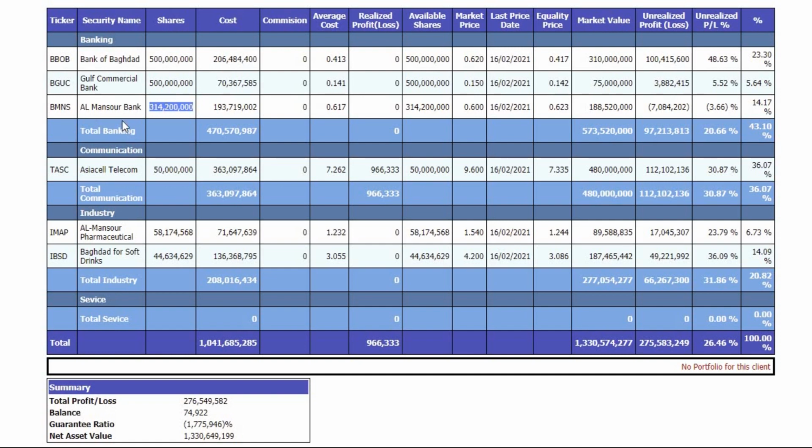Anyway, don't hold me to that numbers. Asia Cell's where we're at until we get this to $500 million, this to 100 million, and this to 100 million. We still have a way to go.